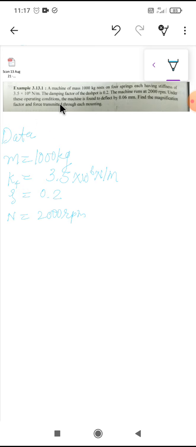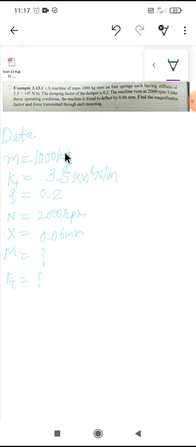Under these operating conditions, the machine is found to deflect by 0.06 mm, so x, that is the amplitude, is 0.06 mm. Find the magnification factor M and the force transmitted through each mounting, ft. So two things we have to find.